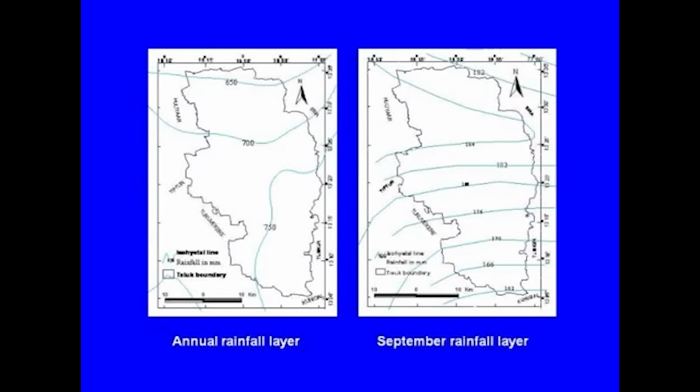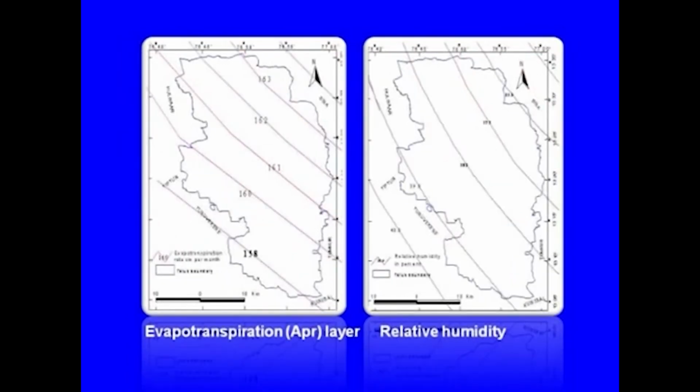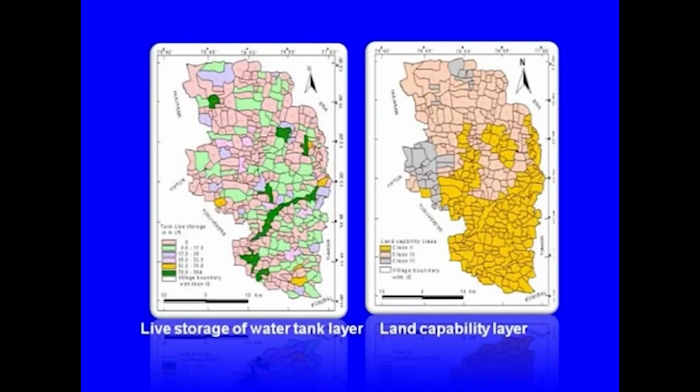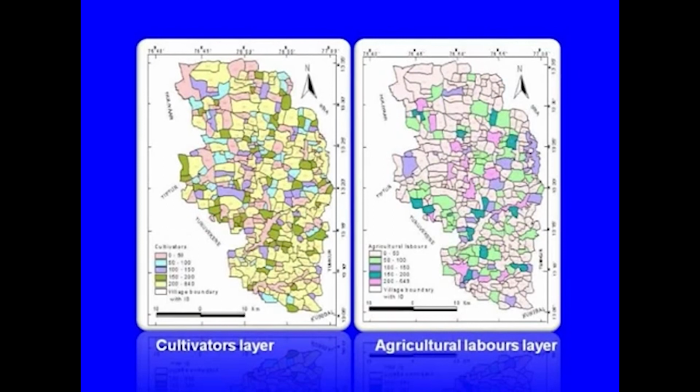Similarly, the annual rainfall map, since we are using post and pre monsoon, so rainfall during the September months also has been taken, the evaporation which is taking place, the annual evapotranspiration, the maximum temperature, April month temperature, then evaporation during the month of April, relative humidity, live storage, water tank, land capability, irrigable land, tank irrigable areas, then cultivator areas, that is how many cultivators are there in each of the villages, agricultural laborers which are there.